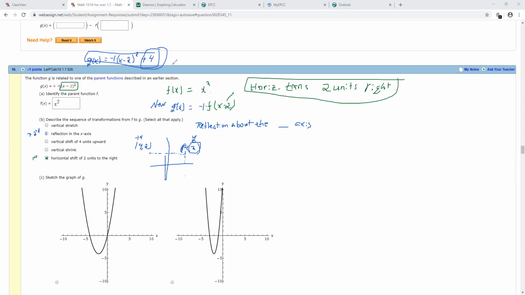It's what kind of shift? It's a vertical. Very good. So then it's +4 outside, and that's the vertical shift. And what do you do when it's vertical, Megan? Do you do the opposite, the mathematical inverse of that, or what it says? You do what it says. So it's going to go up 4.